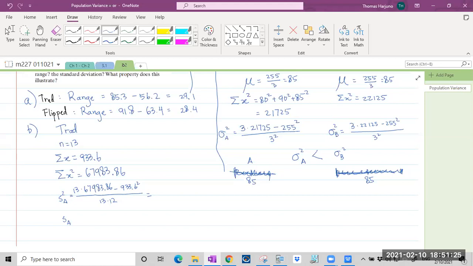Divided by 156. So when I compute this, I get 78.08474. Now the standard deviation will be the square root of that number.